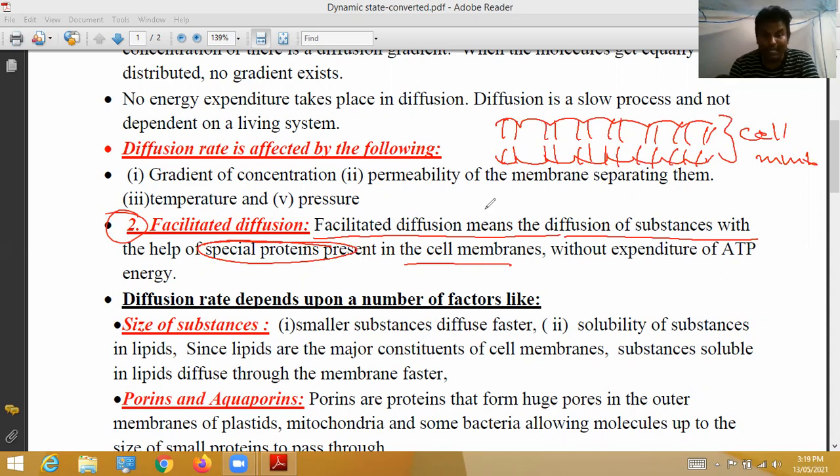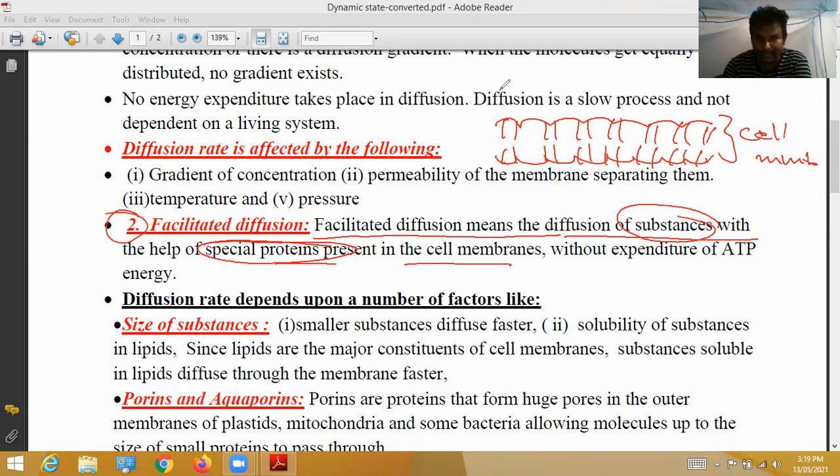So if we want to transport them, facilitated diffusion means the diffusion of some substances with the help of special carrier proteins. In the cell membrane, special carrier proteins are present. I already said twice, those are called glycoporins. The glycoporin is accommodated in the cell membrane and helps to transport substances across the cell membrane.